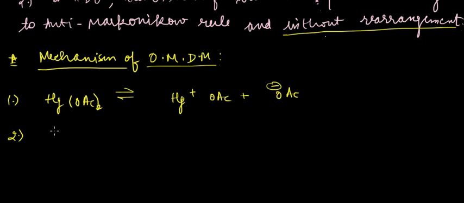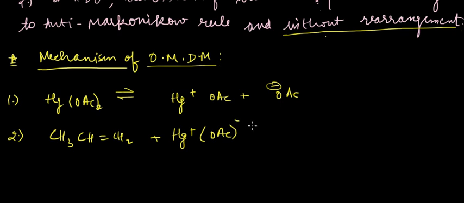In the second step, what actually happens is CH3CH=CH2 will attack on Hg+ OAc, and we'll get something like this.